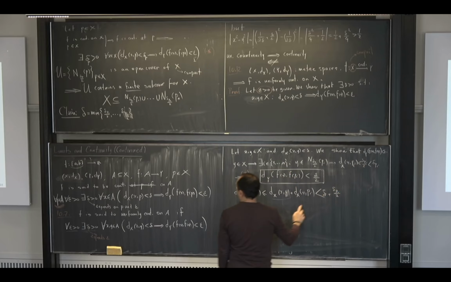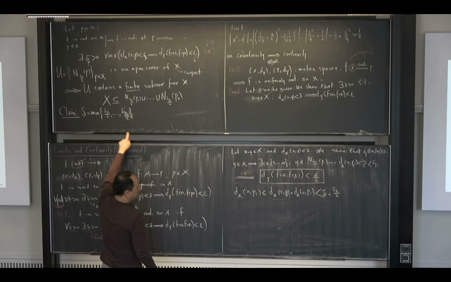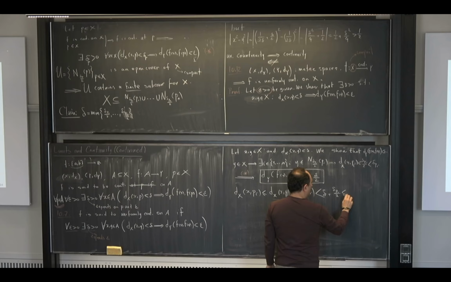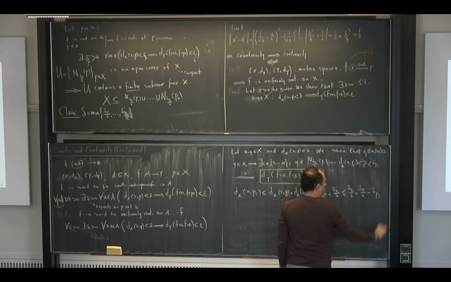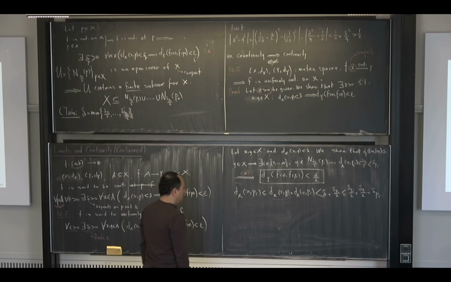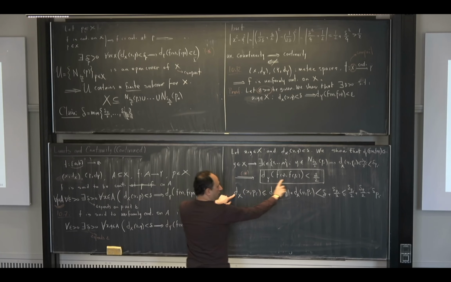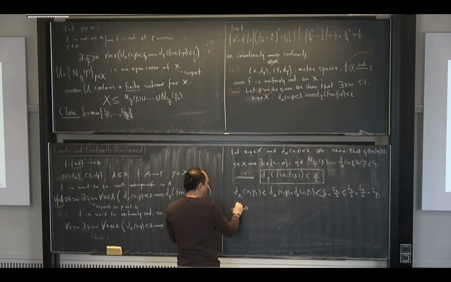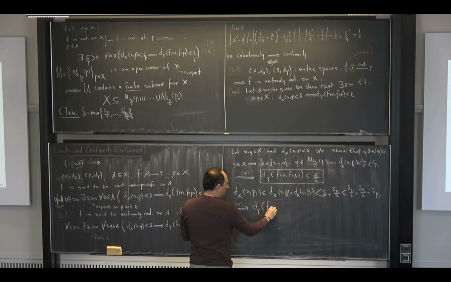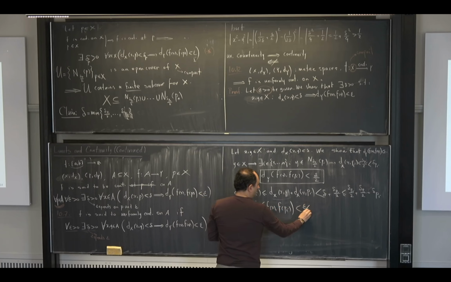But delta is the minimum of all of them, so this is less than or equal to delta_{p_i} over 2 plus delta_{p_i} over 2, which is delta_{p_i}. So d_X(x, p_i) is less than delta_{p_i}. Using the star again, I can conclude that d_Y(f(x), f(p_i)) is less than epsilon over 2.